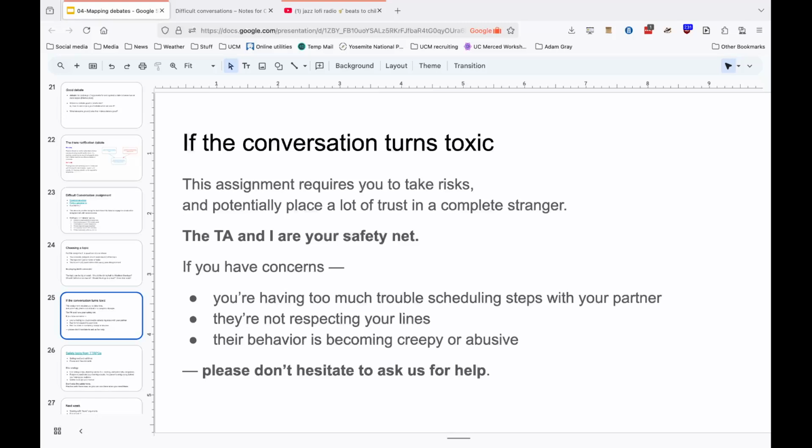If there are problems with your partner, whether that's because there's trouble scheduling things, they're not responding to your messages, they ghost you, they don't show up to meetings, or, we're going to talk about lines in a second, they're not respecting your lines, they are generally acting kind of creepy or abusive or something like that, please don't hesitate to bring us in to ask for help.